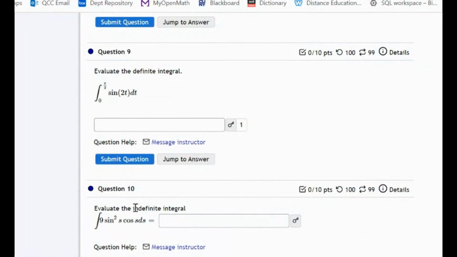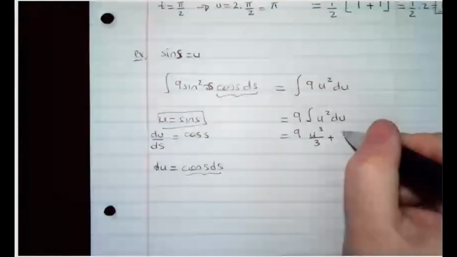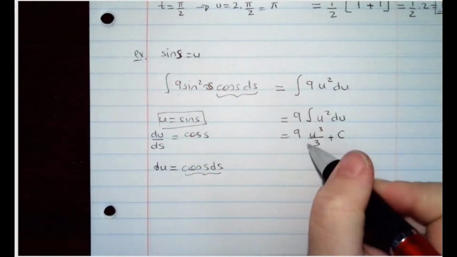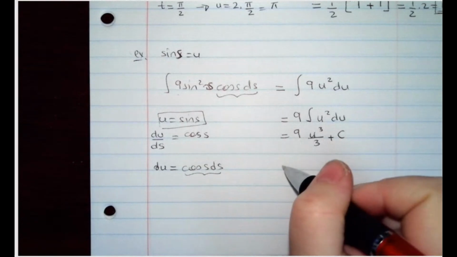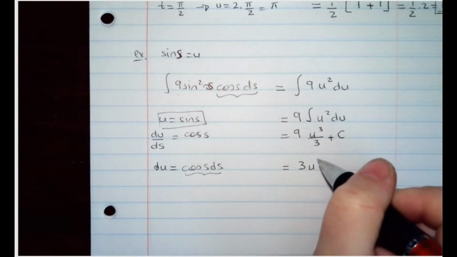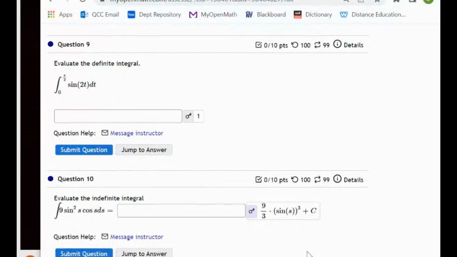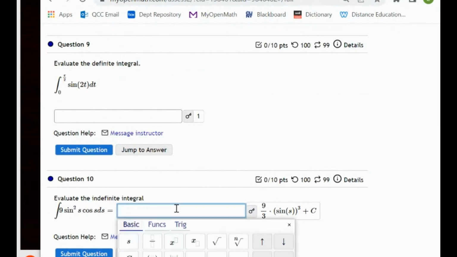So this is an indefinite integral because there are no limits of integration. So we don't need to plug in any number, but we should put the constant of integration. And in fact, this 9 over 3 will simplify to 3u cubed plus c. The answer key just shows it as 9 over 3 sine s cubed plus c, but let me just write it the way we found.